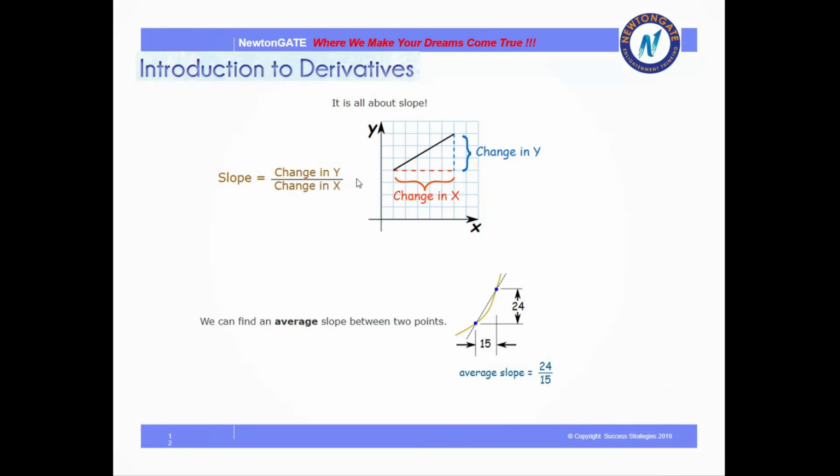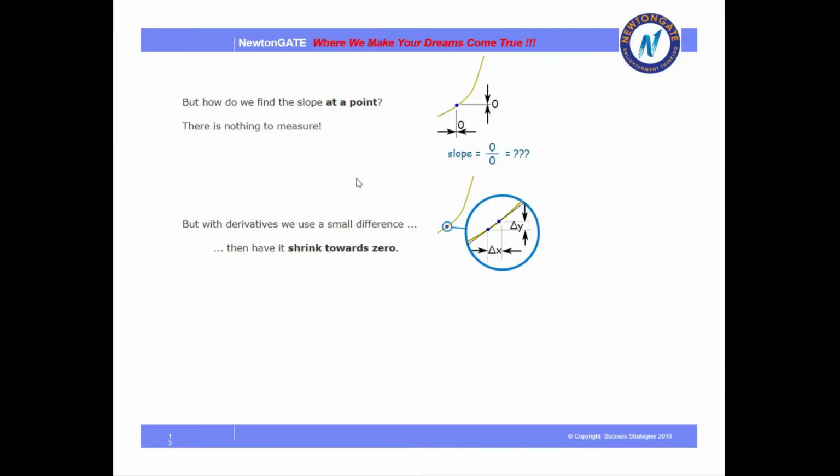Derivatives have to always shrink towards 0, and that is why the derivative is taken as del y by del x, where both del y and del x are shrinking towards 0, but they are not exactly 0. They are pointing towards 0, which will have no effect on the whole scenario, but it is not exactly 0.